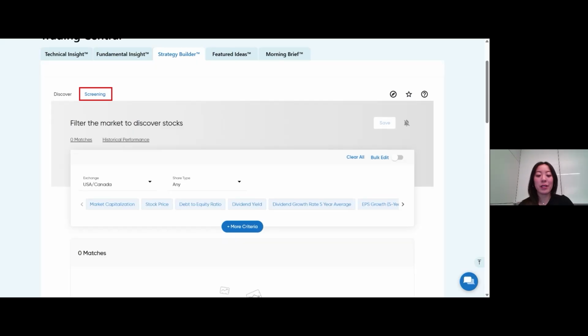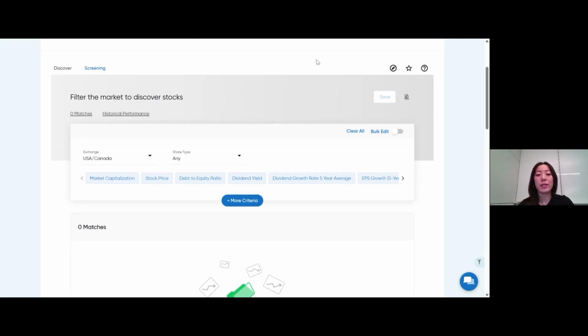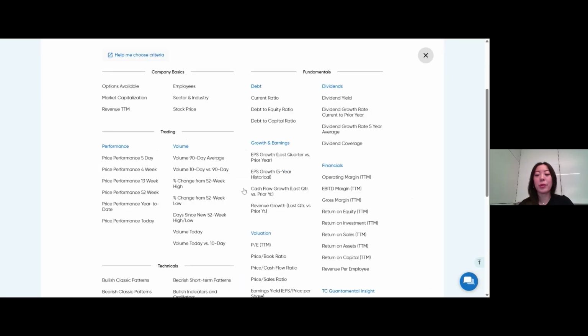So if you click on screening, this is where you might want to take a little bit more control of what you want to filter out. I like to click on the bulk edit tool. That way I can view all of my different criteria all on the same page. So for this Strategy Builder tool, there's a ton of different filters that you can add. And I'd say there are, I believe, over 60 different criteria.